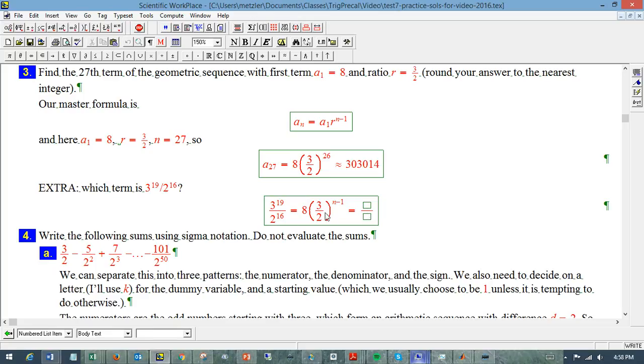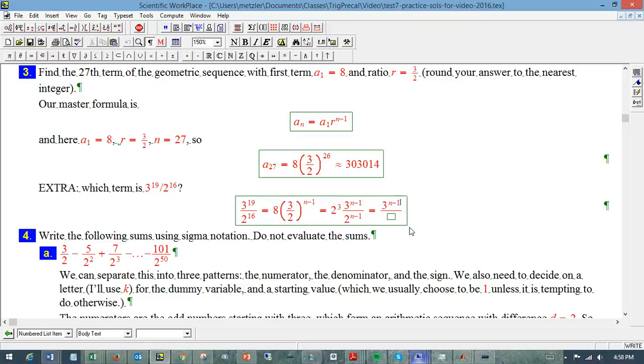So we want to go back to more basic skills, which is express everything in terms of consistent powers. Oh, hey, 8 is 2 cubed, and that's 3 to the n minus 1 over 2 to the n minus 1. Let's combine that with rules of exponents.